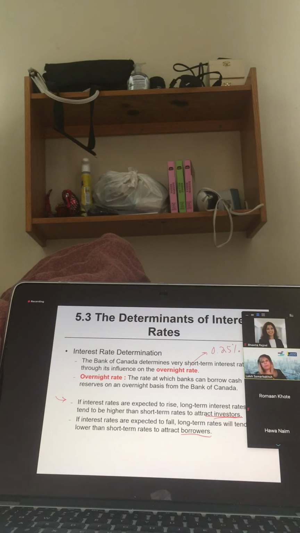So right now, for example, the banks are more interested in giving fixed rate mortgages, because they want to lock the interest rate, since they know the rates are going to go down. Whereas when the rates are high, the banks are more interested in locking, for example, variable interest rates, because they know the rate is going to go up and they can make more money off of them.